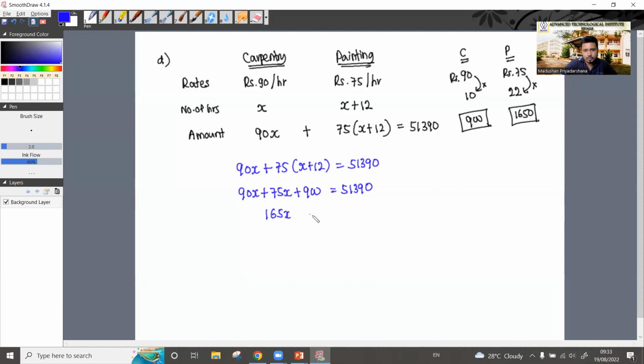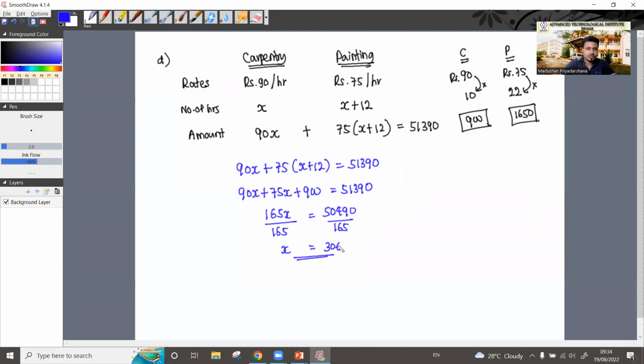Take this 900 rupees to the other side. It should be 50,490. Divide both sides by 165. Therefore, x should equal 306.